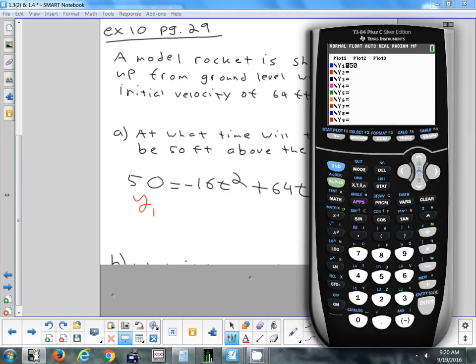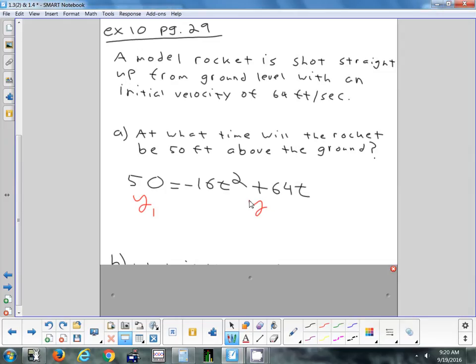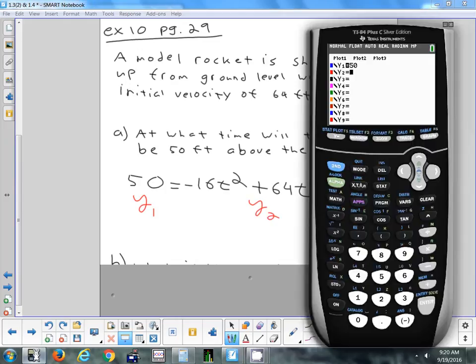Take what's on the right and plug that into y2. So a little bit different than getting it equal to 0. I could do it the same way I did on the calculator last time, but I don't want to this time. So I'm plugging 50 in y1, and negative 16x squared plus 64x in y2. You do need to use x as the variable in the calculator. You can't use t.